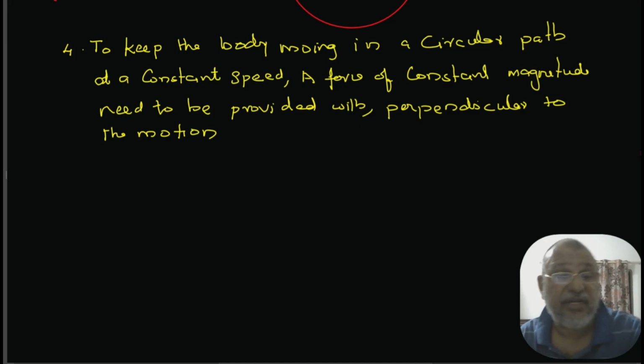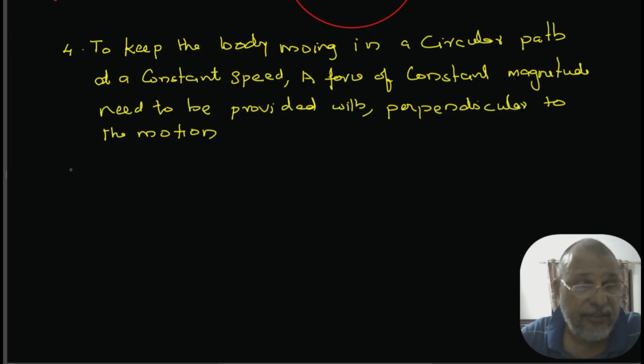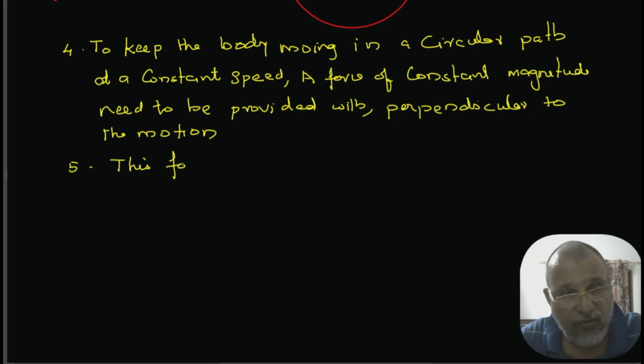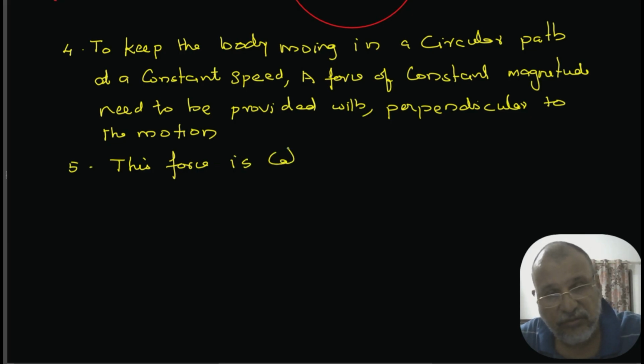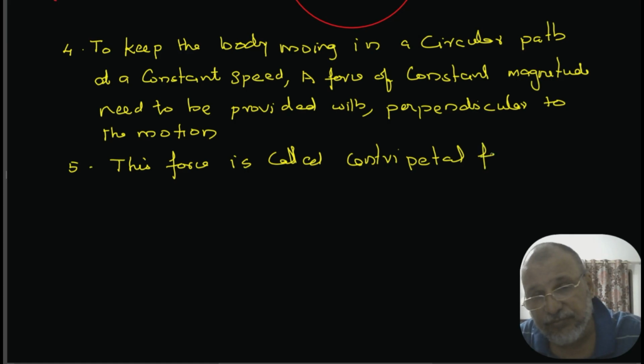To keep a body moving in a circular path, you need a force perpendicular to the motion at every single instant, at every single point. This force is called centripetal force.